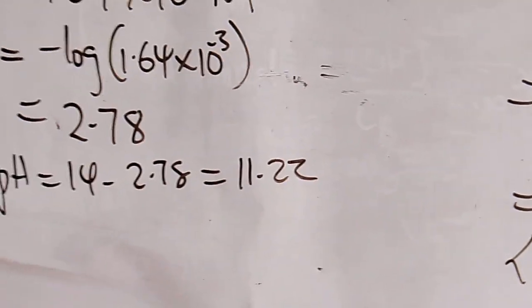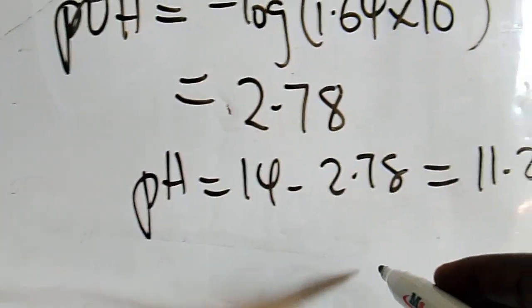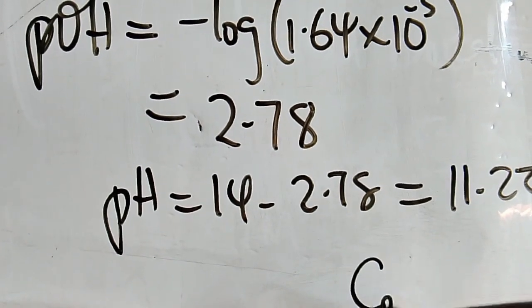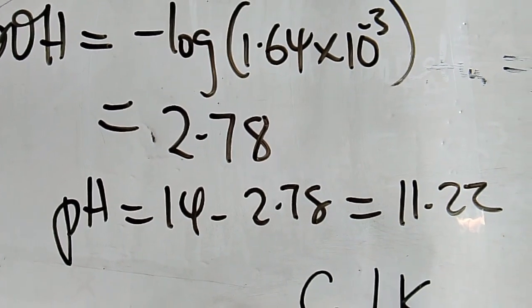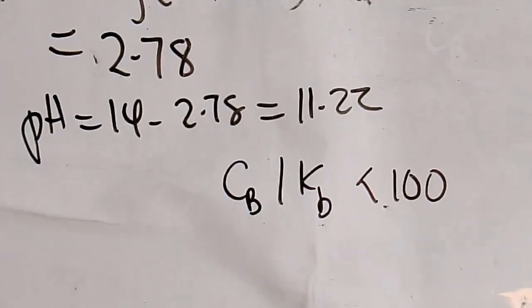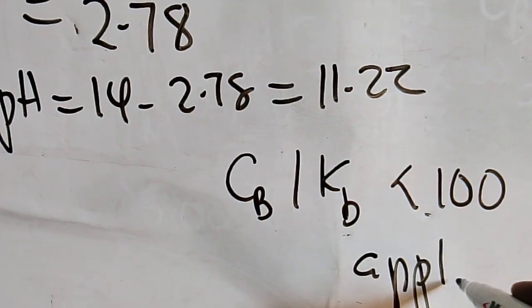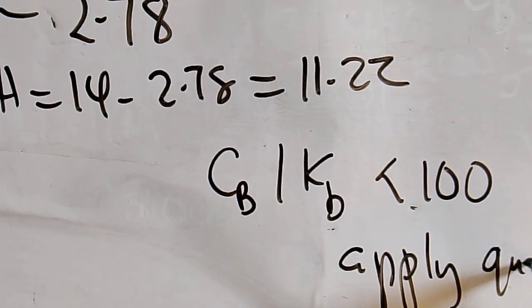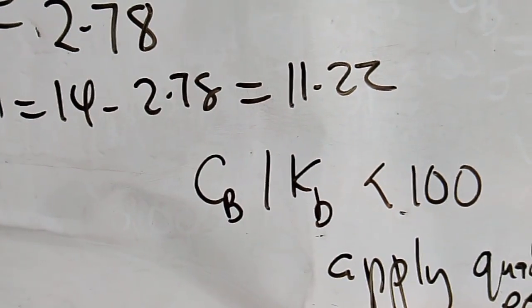For situations where the concentration of the base over Kb is less than 100, then apply the quadratic equation.